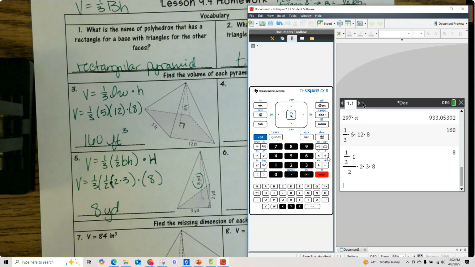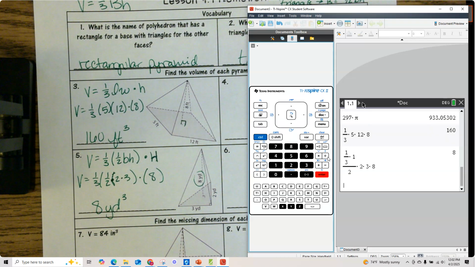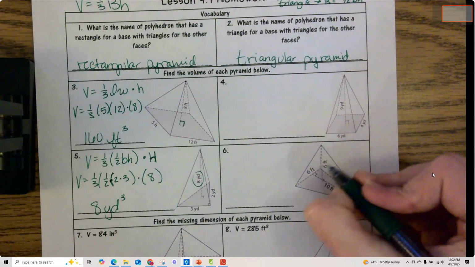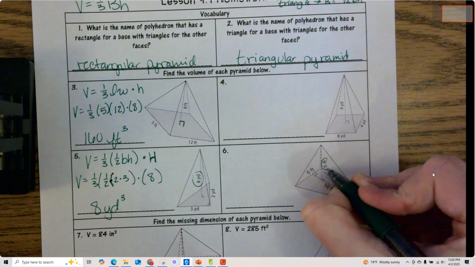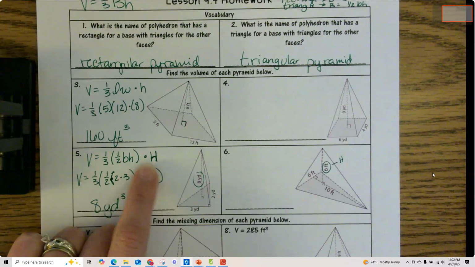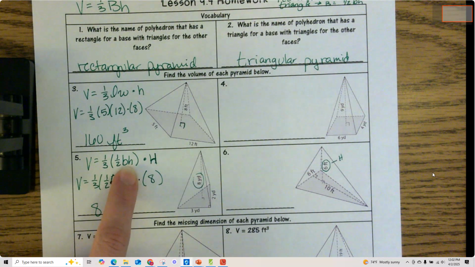There should be no decimals anywhere on this page. So on number 6, this 6 right here is the height of the pyramid. These two numbers are the base and the height of the triangle base.